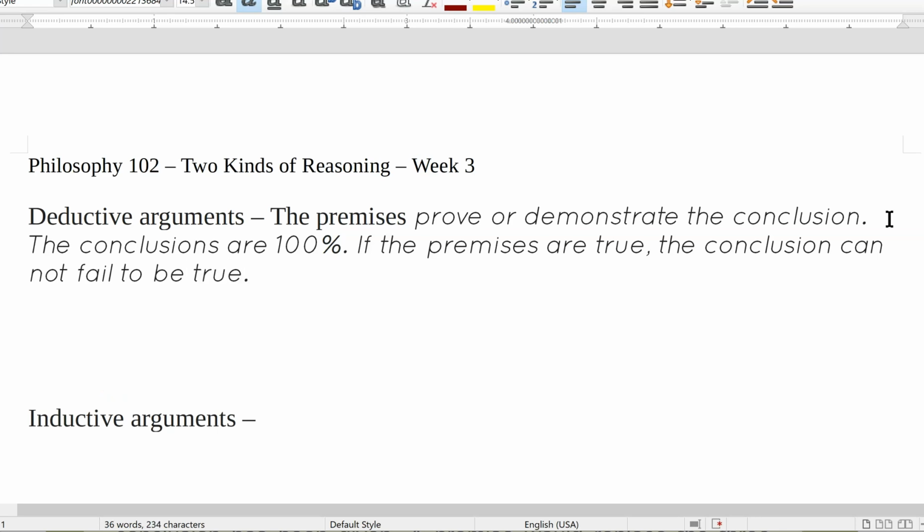What does that mean? If the premises are true, the conclusion cannot fail to be true. That means that, if these premises are true, there is no possible arrangement of facts such that the conclusion cannot also be true. There's no way out of it.